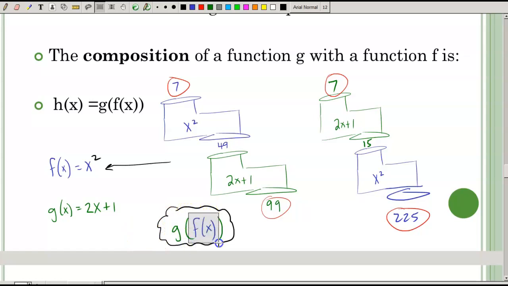So I'm first applying f of x, and then whatever that output is, I'm plugging that directly into the next function. I'm kind of wrapping these functions up like a present. And so you see there's a bunch of parentheses there.